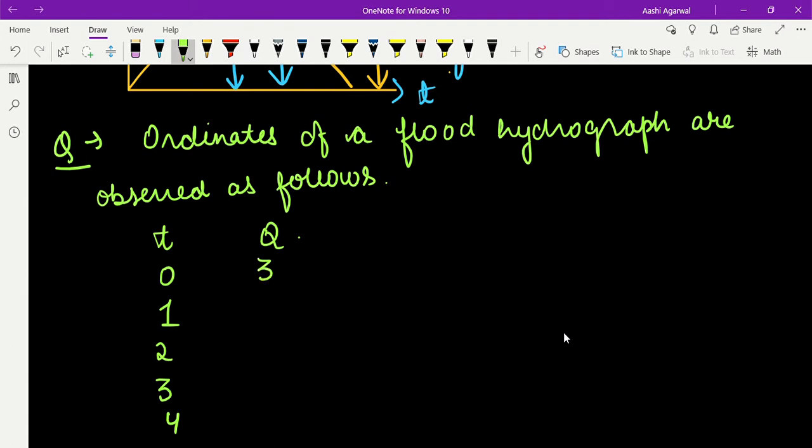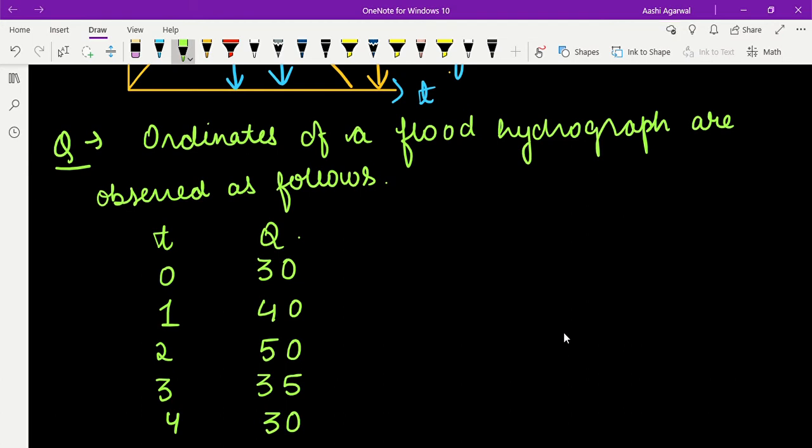So let's say 30, 40, and then I should know that there is a trend, right? First it has to increase and then it has to come down. So let's say from here I'll come down again to 30. Here I have taken a very simple case.